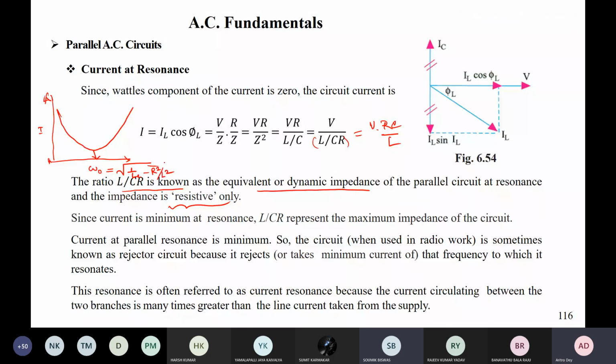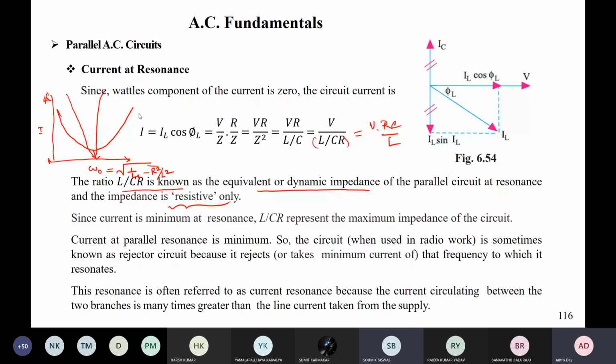Okay, so this is the case when you are getting a minimum current, and now with the tuning of the choice of your L, R, and C values, you can adjust the shape, so you can get this kind of shape. So it is a band rejector circuit. During this band, you are getting a very low value of current, and for the other frequencies, apart from that band, you are getting the signal amplified.